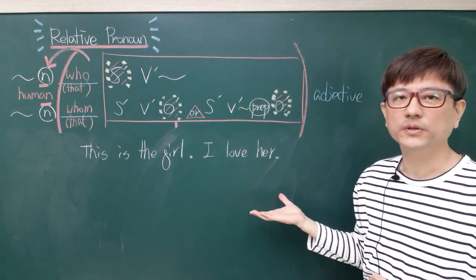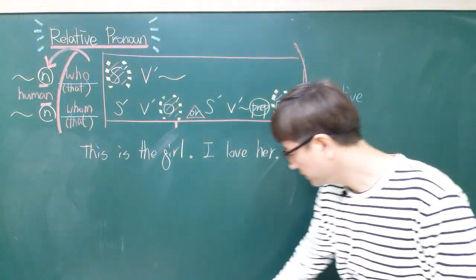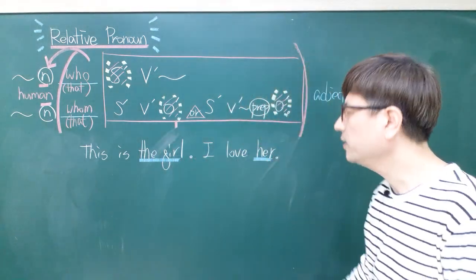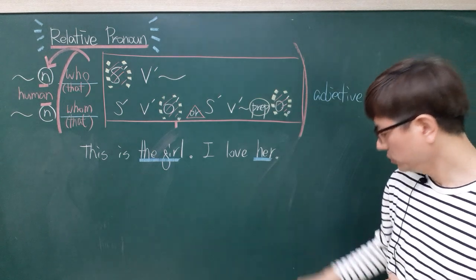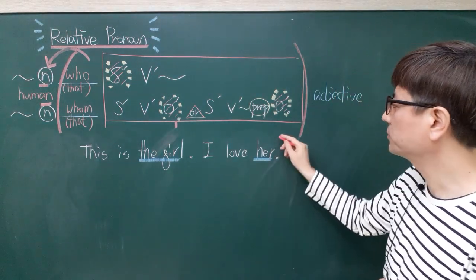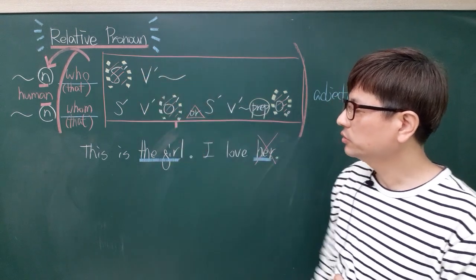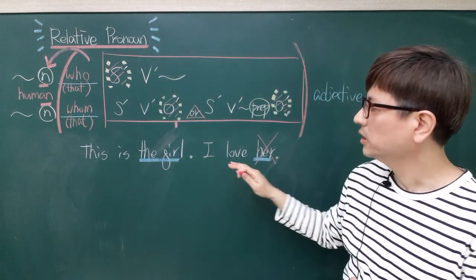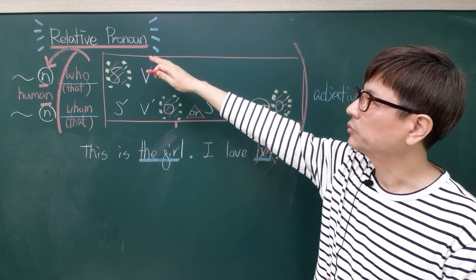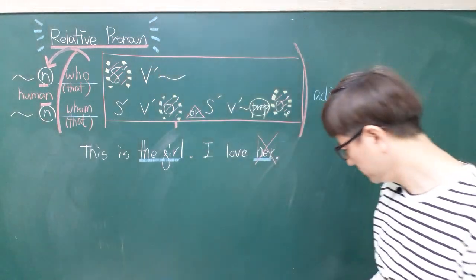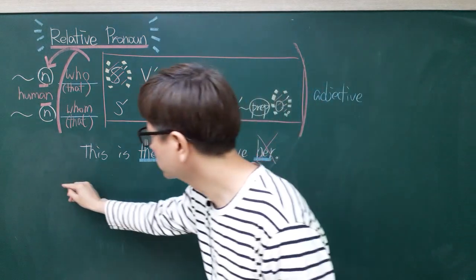What do they have in common? The girl, her, they are the same person. So you should get rid of this pronoun in order to use relative pronoun. So you can make these two sentences into one sentence using a relative pronoun, getting rid of this pronoun. Look at this.